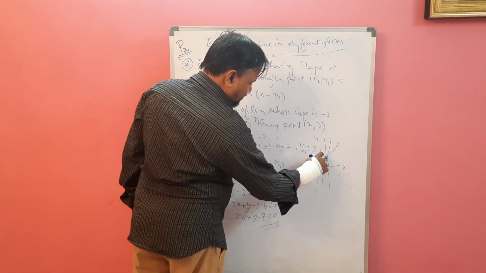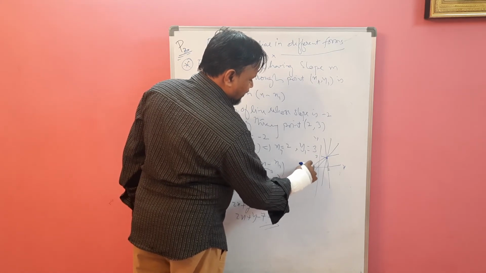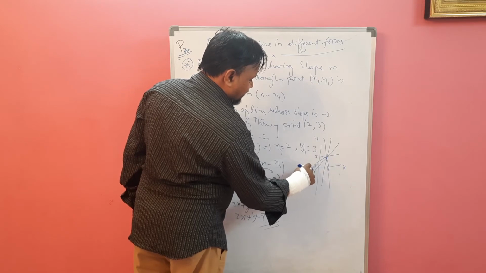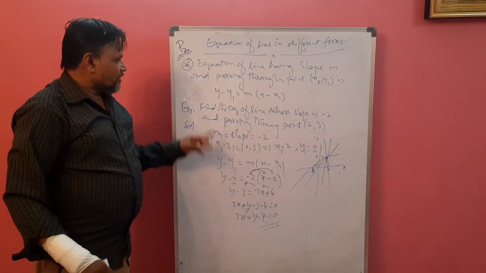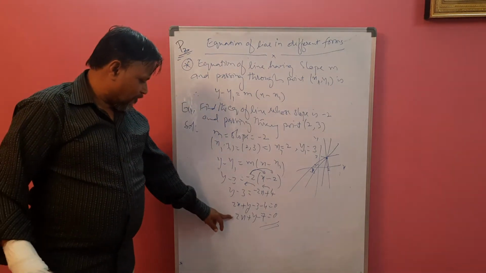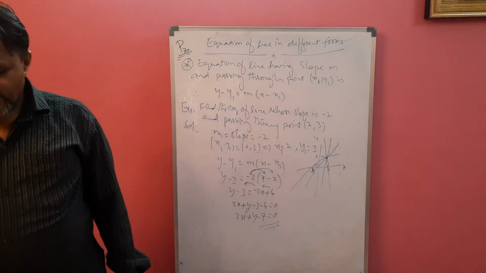Slope minus 2 means somewhere else it goes like this, sloping downward on the minus side. Okay, this is the example for this line. We can get the general form of the equation with this. This is very simple, very easy.